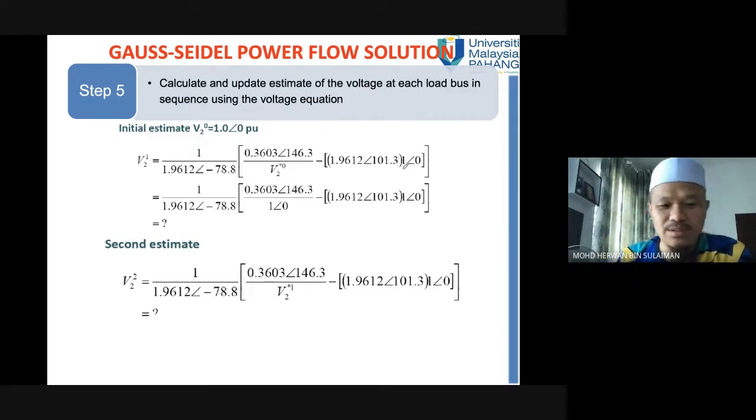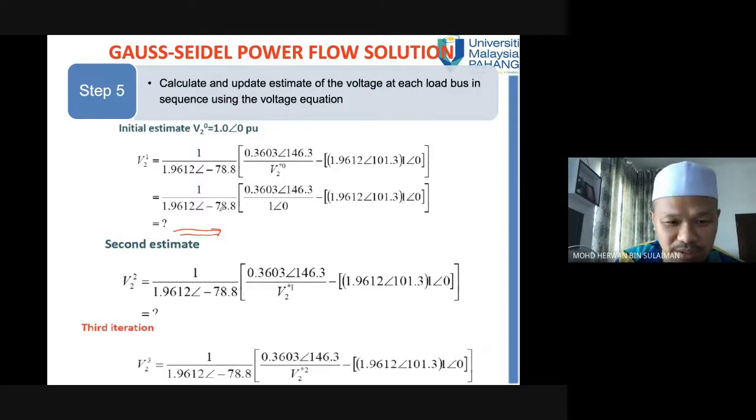Since this is the asynchronous class, there should be no problem. Save the value, and please make sure, don't forget, that this value will be used here, because this is the updated value of your bus number 2.